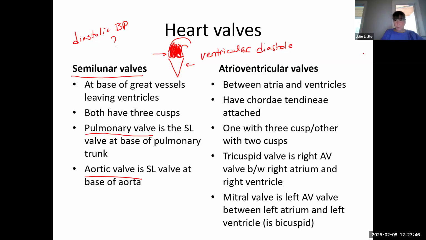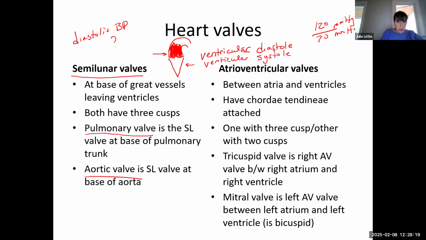So say you take your blood pressure and your blood pressure is 120/70 millimeters mercury. This is the pressure part. If the blood in here is pressing against the wall with the force of 70 millimeters mercury, that is your diastolic pressure. Well, when the ventricle contracts, that's called ventricular systole.